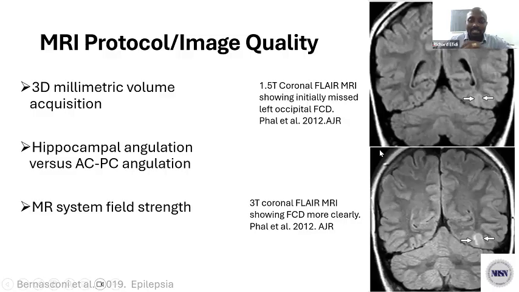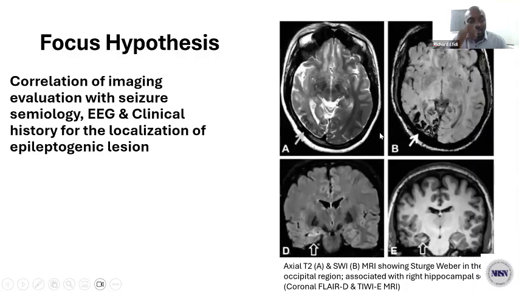So I was talking about the importance of acquiring a good image in improving detection accuracy of focal epilepsy, and that 3 Tesla MRI is preferable, as illustrated by this example.